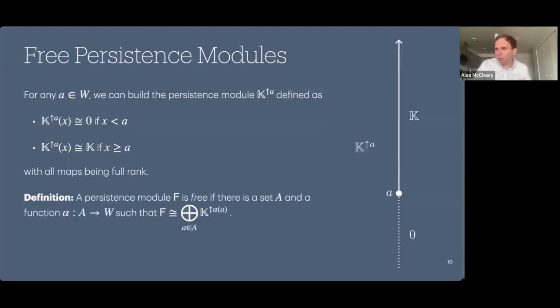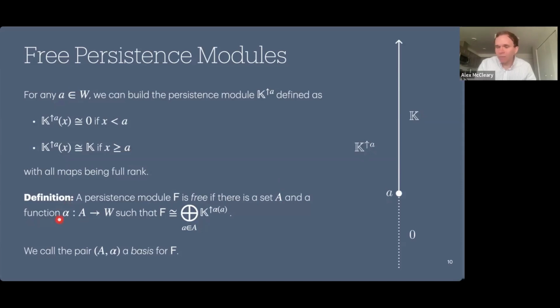And a free persistence module is just a direct sum of these types of modules right here. These free persistence modules are really nice. They have only births and no deaths, essentially. So a free persistence module is really a direct sum of these modules here, but the way we index them is with a set A, and we have a function alpha from our set into W. You want to think of the set A as the basis set for the free persistence module.